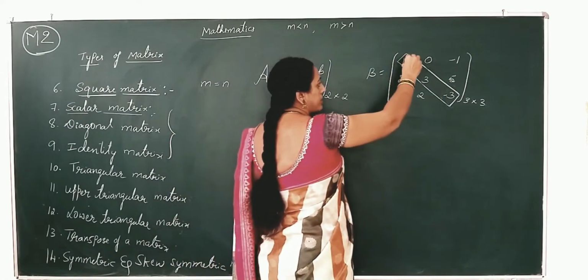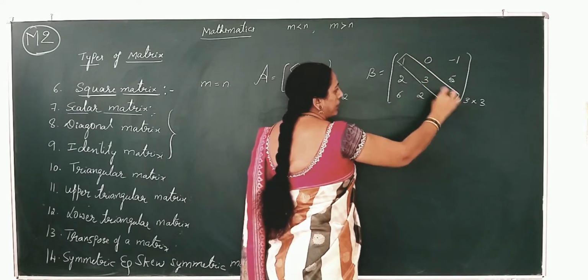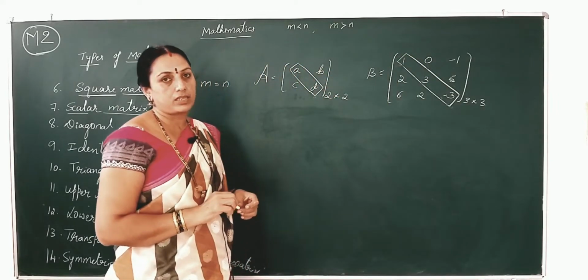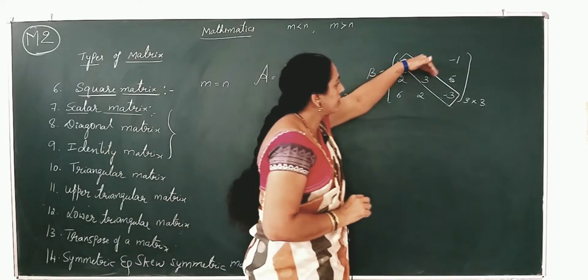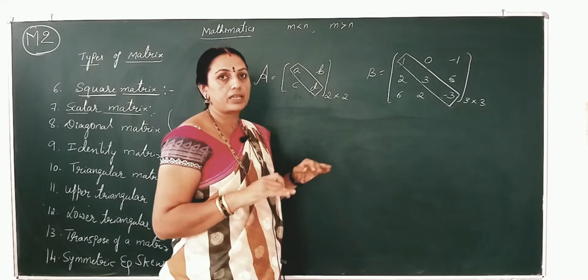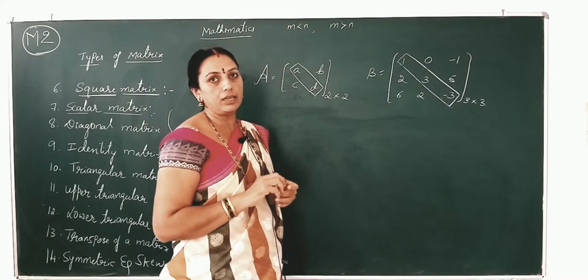In the above example, 1, 3, minus 3 are called principal diagonal elements. Other than these elements are called non-diagonal elements, otherwise non-principal diagonal elements.